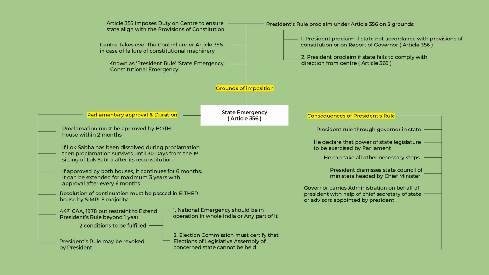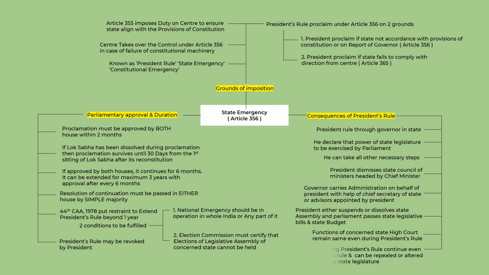The Governor carries on administration on behalf of the President with the help of the Chief Secretary of the state or advisors appointed by the President. The President either suspends or dissolves the State Assembly, and Parliament passes state legislative bills and the state budget. Functions of the concerned state High Court remain the same even during President's rule. Law made during President's rule continues even after President's rule and can be repealed, altered or reenacted by the state legislature.